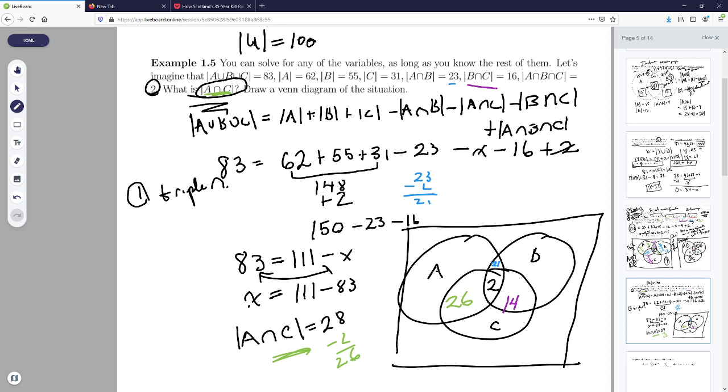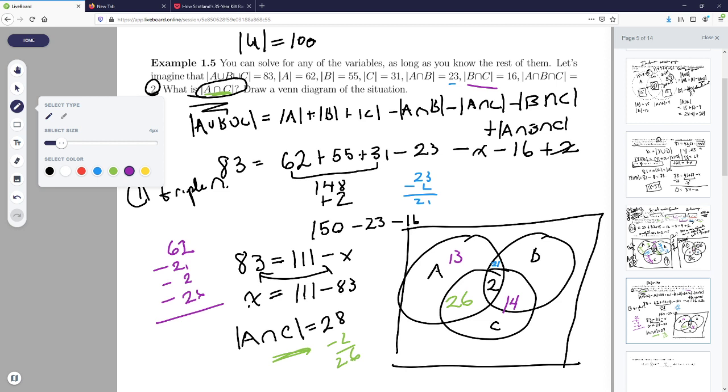So now, how many things are in A? We know that there's 62 things in A. If there's 62 things in A, but we've already accounted for 21 of them, 2 of them, and 26 of them, then we're going to end up with 13 that are just in there.